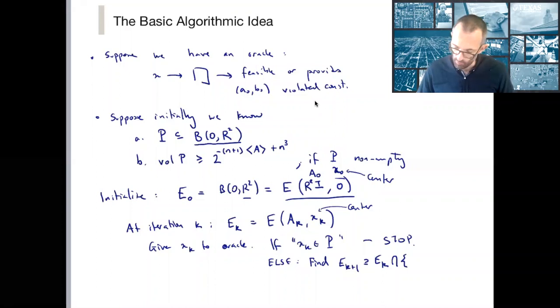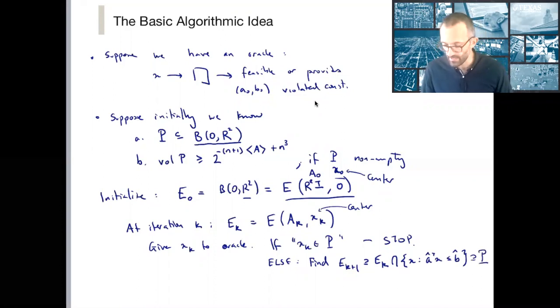So the oracle reports back this half space defined by, let's just say, A hat transpose X less than B hat. That's what the oracle gives us, this inequality. And note that this intersection has to contain P.